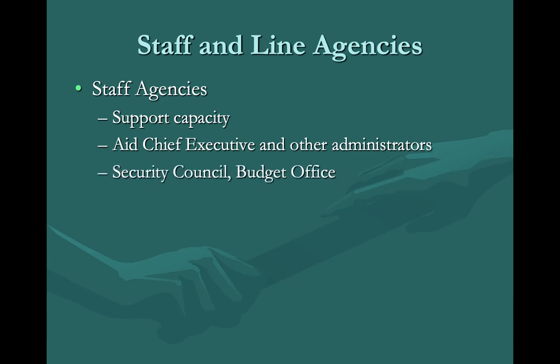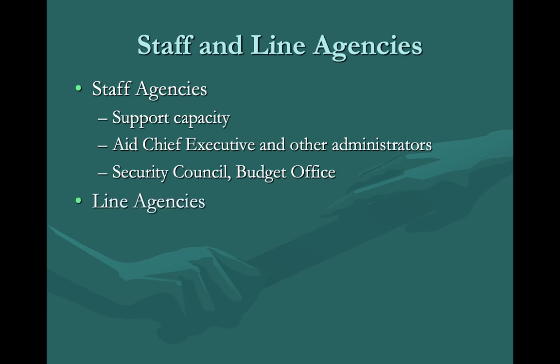This includes organizations such as the Security Council, which advises the president on all national security issues, as well as the Budget Office, which helps the president with the preparation of the yearly budget for the United States. These agencies exist purely to support and provide information so that the president and leaders of the bureaucracy can make the appropriate decisions for the issues they have to deal with.